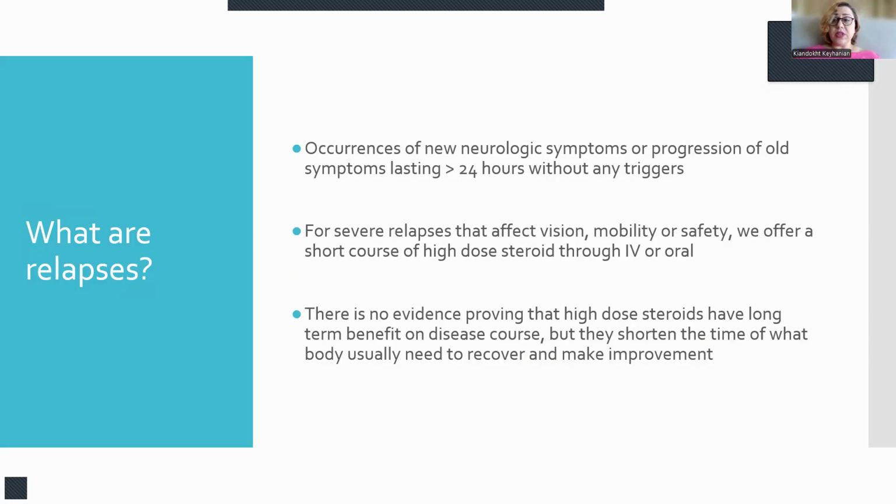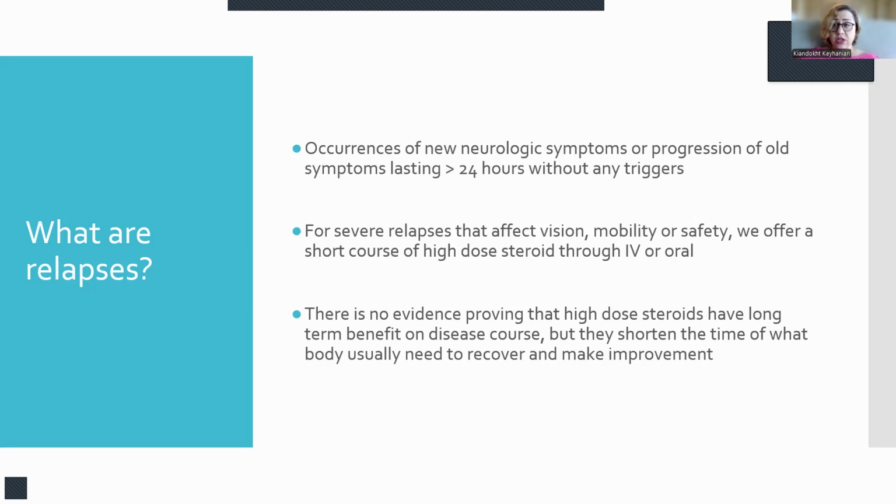So again, when this new thing happens, definitely tell your neurologist. If the symptoms are very bad and bothering, definitely go to an emergency room, and they would give you care depending on the situation. Sometimes they have to first make sure that there is no infection going on, so they might run some tests, but then eventually they might give you IV steroids.